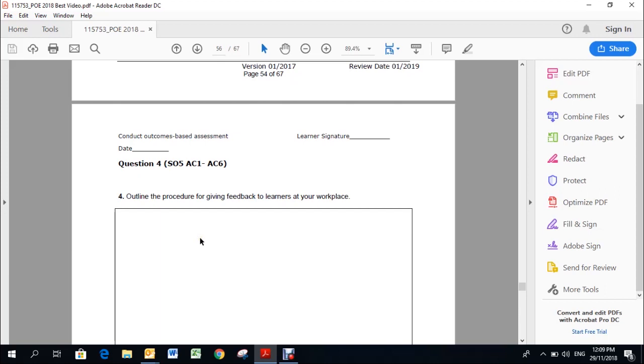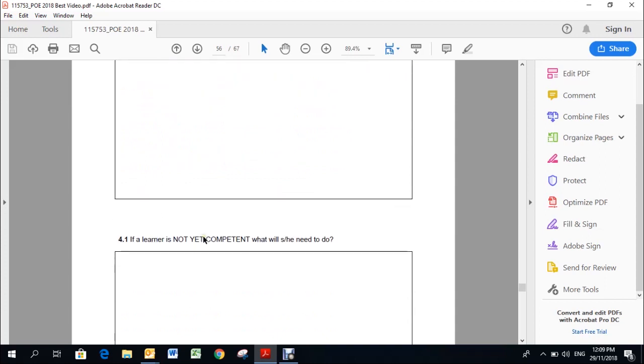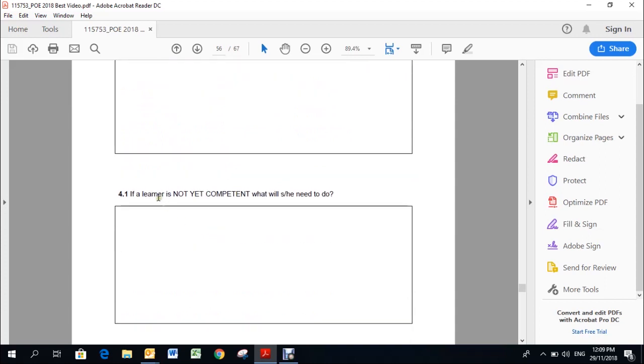One, for continuous learning. Secondly, we saw that when a learner is not yet competent, they need to know so that they can also do the remediation. So for progress or developmental purposes, that is very important. When a learner is not yet competent, it means that he did not meet the requirements.